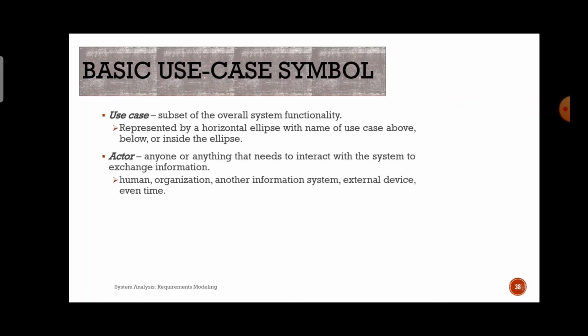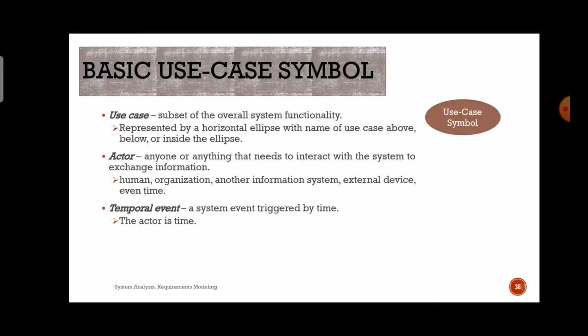It could be a human, organization, another information system, external device, or even time. A temporal event is a system event triggered by time, with time as the actor. So this is the use case symbol and the actor symbol.